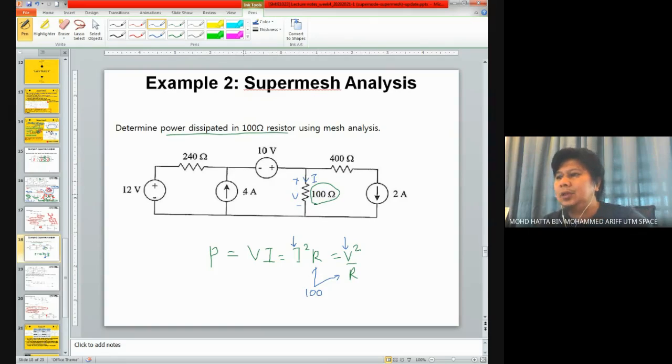So if you try to find the power, you need to first find the voltage and the current over here. If you get both quantities, voltage and current, you can always apply this equation to get the power dissipated in this resistor. Okay, that's the idea.